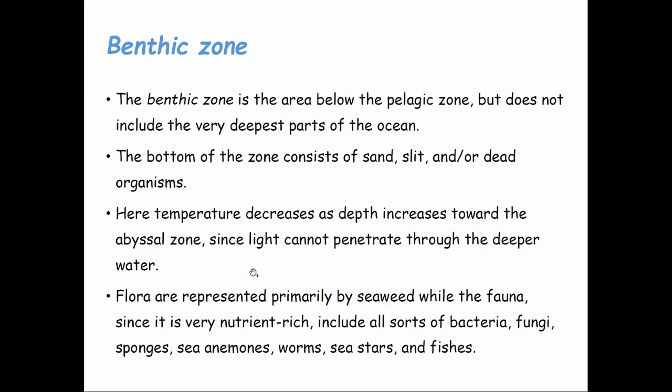So think about the food chain in the benthic zone. Flora are represented primarily by seaweed, while the fauna, since it is very nutrient rich, include all sorts of bacteria, fungi, sponges, anemones, worms, sea stars, and fishes.